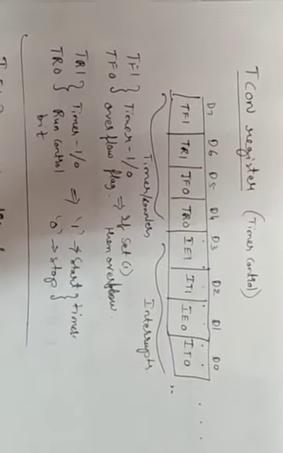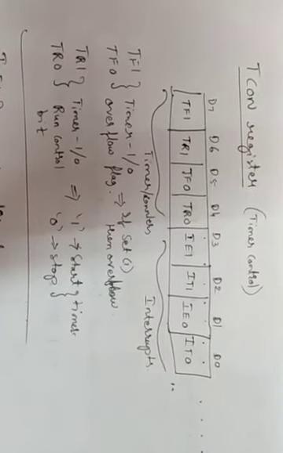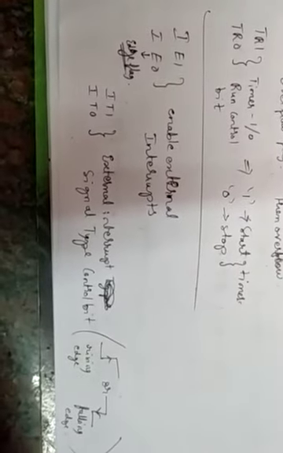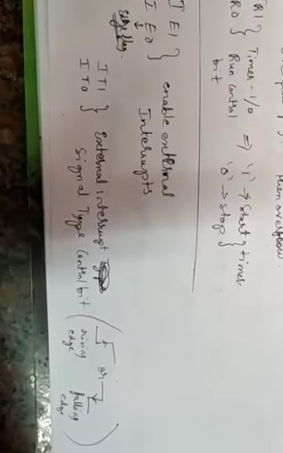But for interrupts you have IE1, IT1, IE0, IT0. I will not discuss these in detail because we will study them in module 5. Briefly, IE1 and IE0 are the external interrupt edge flags, and IT1 and IT0 are the external interrupt signal type control bits. E represents the edge flag, meaning the rising edge or falling edge.